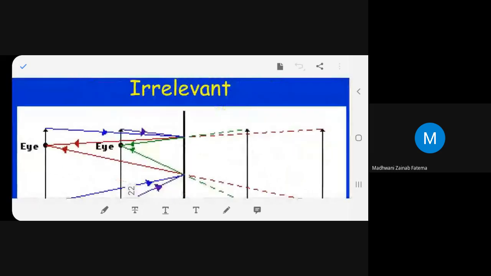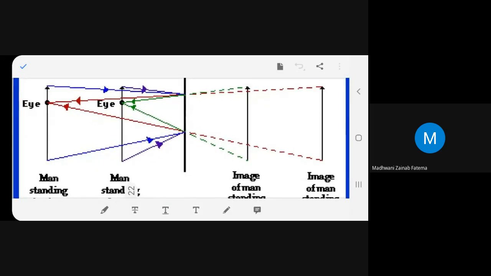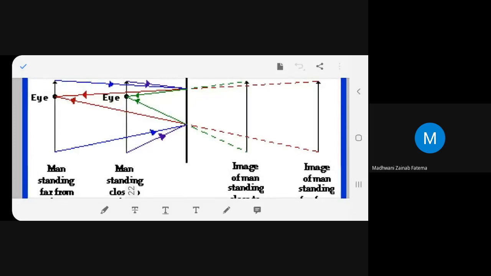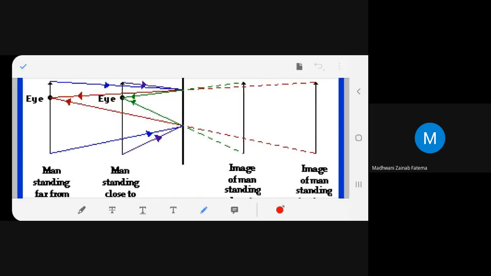Now, distance from the mirror. Now, you are over here. Where are you, beta? On the left hand side. So you are here. If you are far away, standing here, where will the image be? Here. Yes or no? Yes, ma'am. And you go nearer to the mirror. You come close to the mirror. Where will the image be?